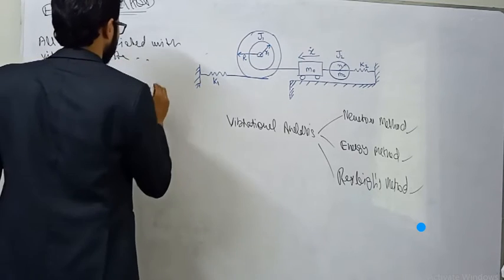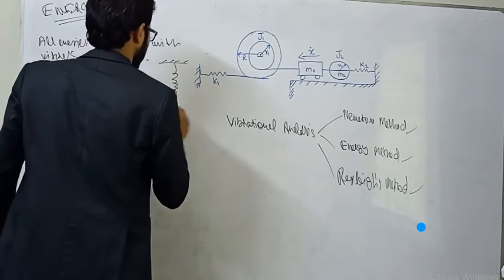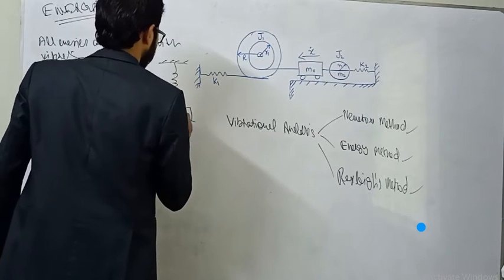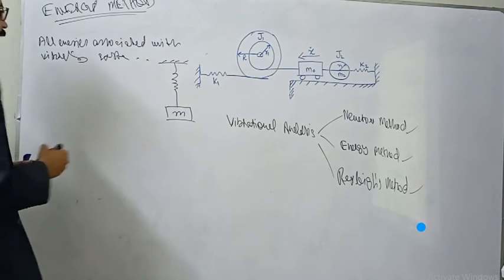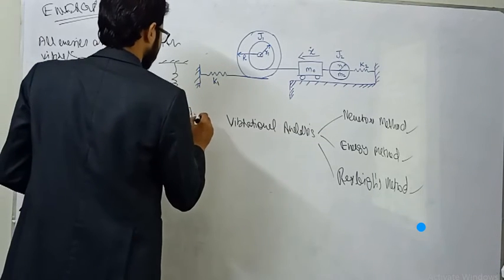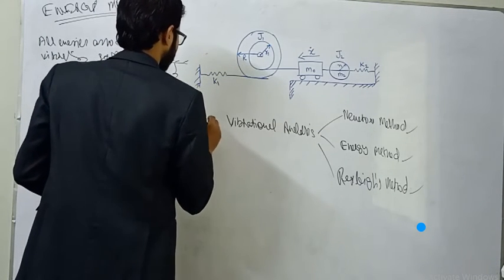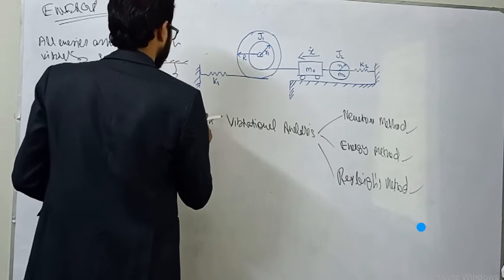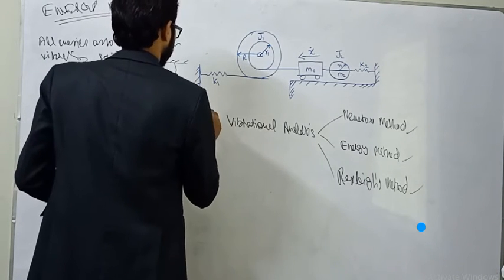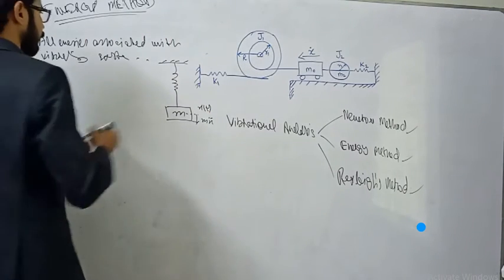So suppose this is the mass spring element that is displaced from the mean position with the application of an external force. Suppose this mass is displaced from the mean position with the application of external force, then what will happen?